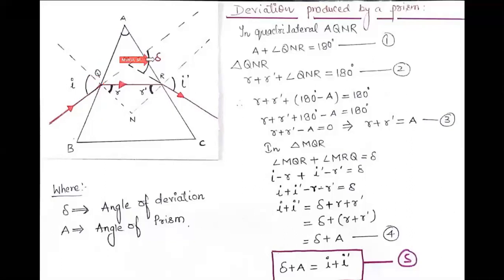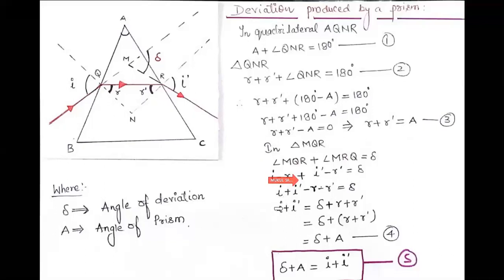This angle delta is the exterior angle, and this exterior angle is the sum of the two internal angles, that is MQR and MRQ. So we put delta equals MQR plus MRQ. Now put the value of MQR, that is I minus R, and MRQ, that is I dash minus R dash, equals delta.